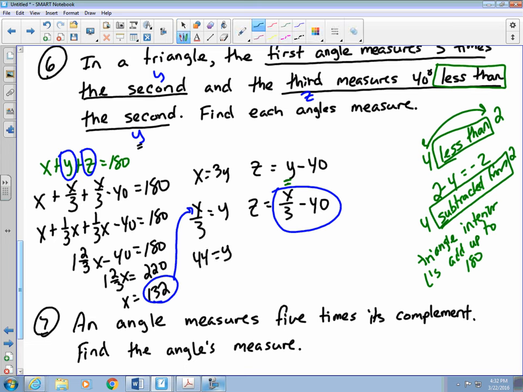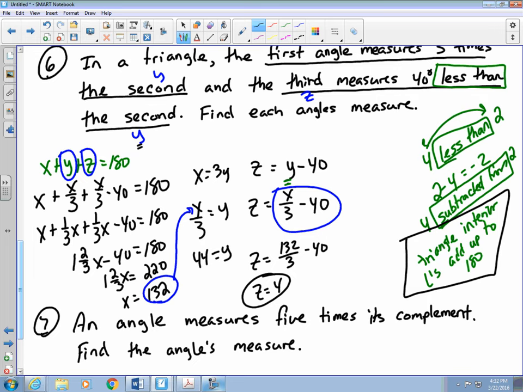And then to get z, you would take your x again divided by 3, which we already know is 44, minus 40, you get 4. Okay, so there's your three numbers. The key there is knowing the triangle sum theorem and knowing that they add up to 180. So another geometrical property to be aware of.